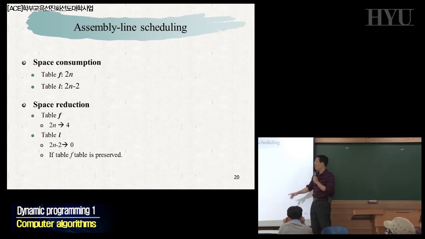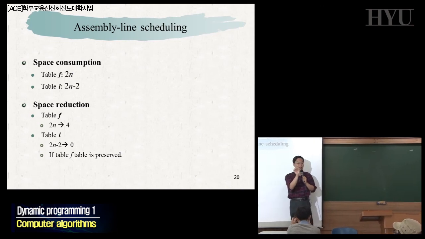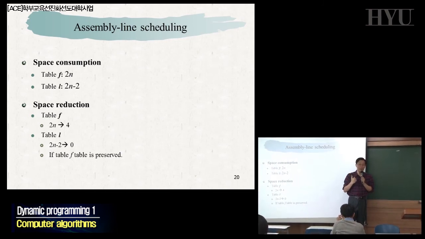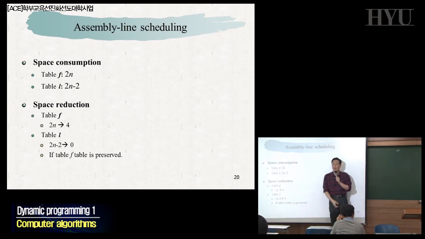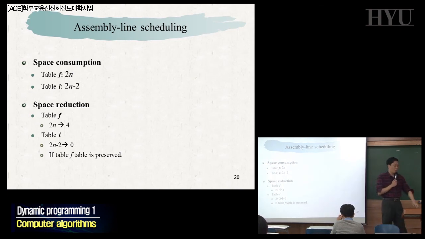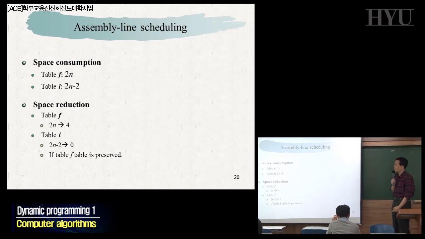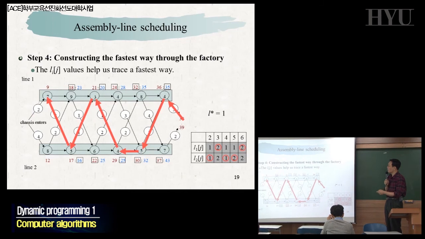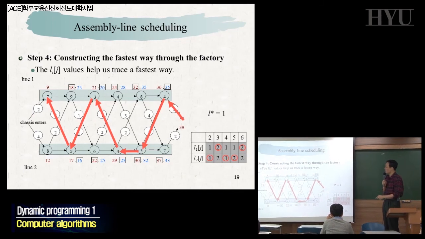And we have an entry of F for each station. So that's why table F has 2n entries. So actually these boxed values, including this, are stored in F.